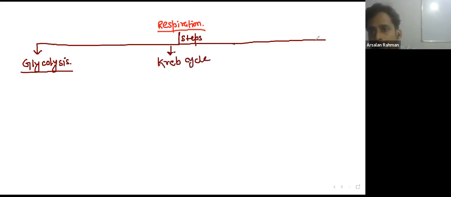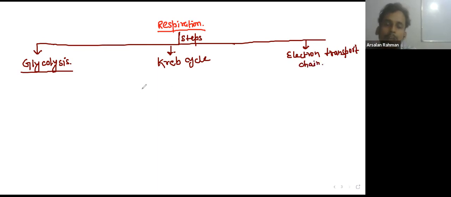And the third and last step is the electron transport chain or system. So how many steps are in respiration? There are three steps in respiration.